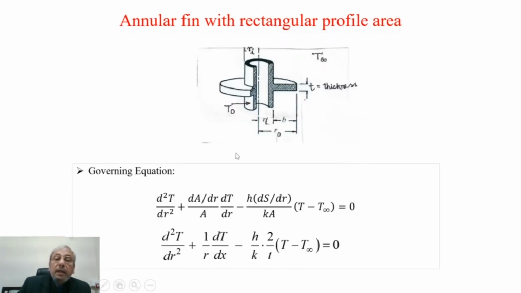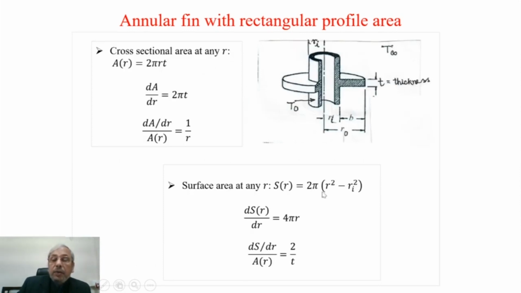So again, having the fin in our mind, ri is the tube outer radius from where the fin is starting, and it extends to r equal to r naught. So at any r we get a top surface and a bottom surface.